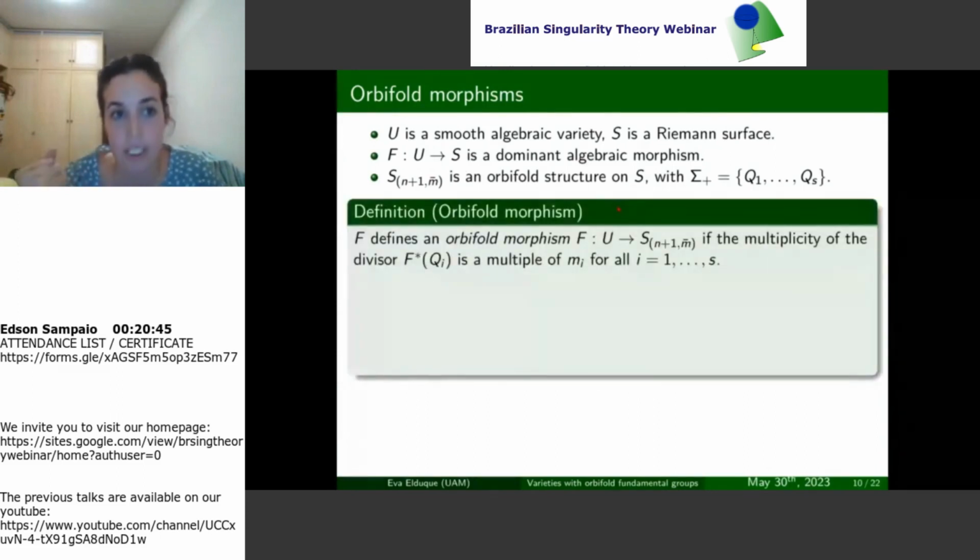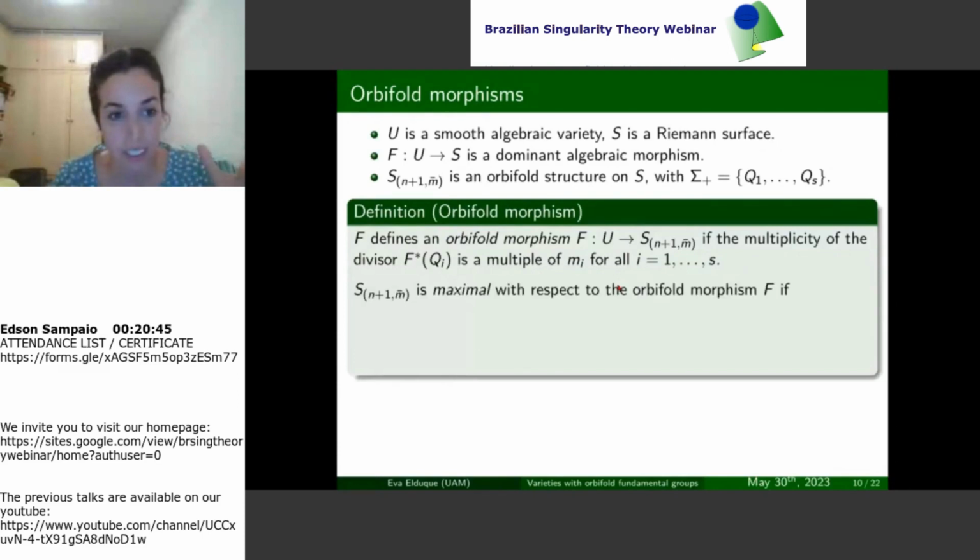And we're going to say that F defines an orbifold morphism into this Riemann surface with whatever orbifold structure we have on it if the multiplicity of the pullback divisor over every point of high multiplicity, 2 or more, is a multiple of whatever multiplicity the orbifold structure tells us that that point has.